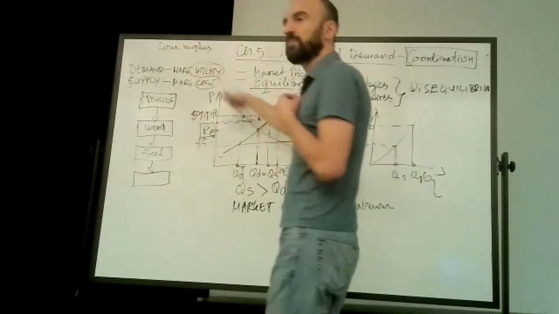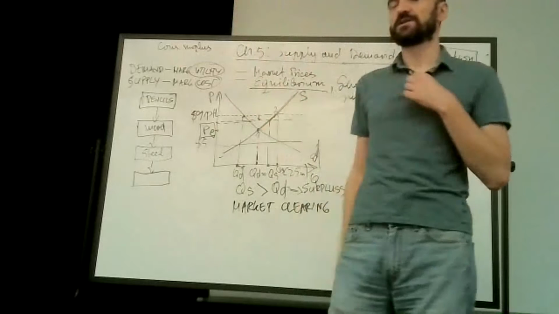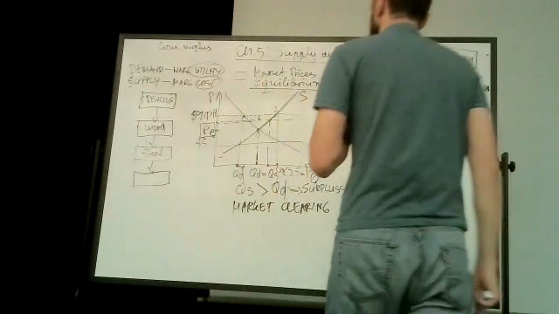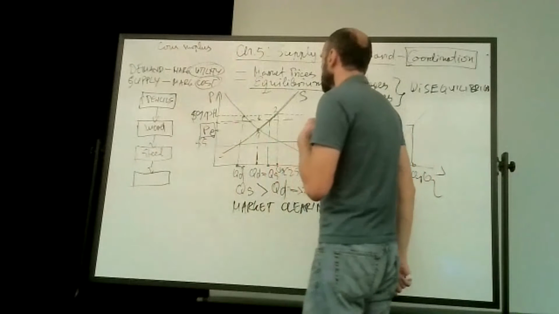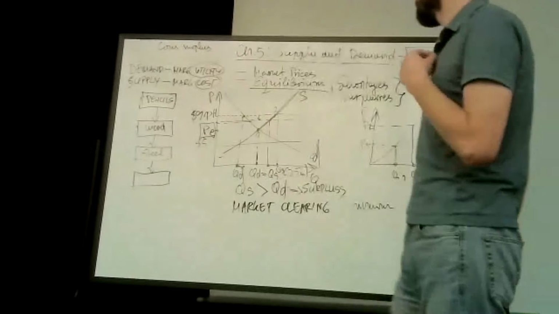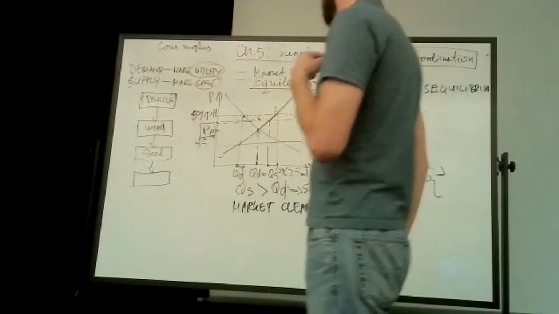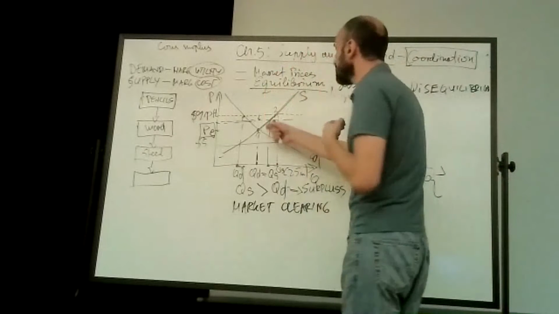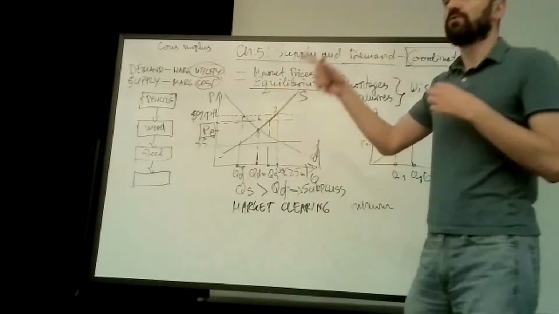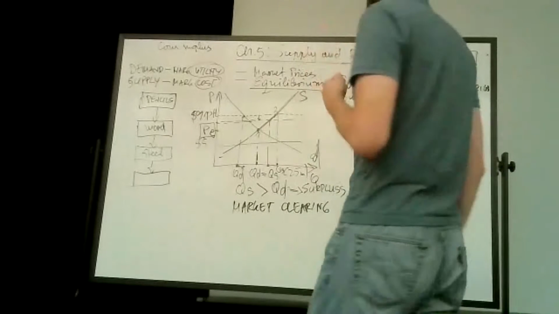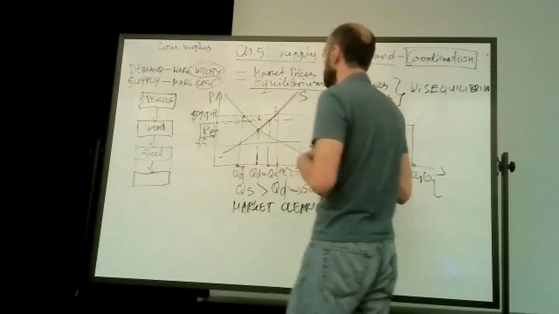Buyers compete by bidding up prices, sellers compete by lowering prices. This is a process that works for every particular good that exists on the market.